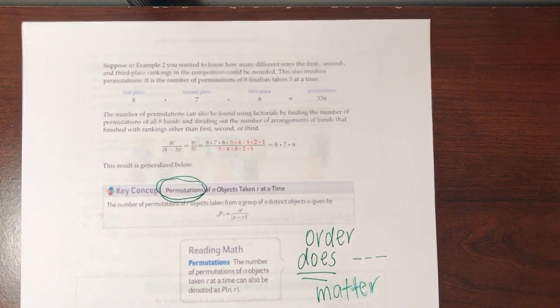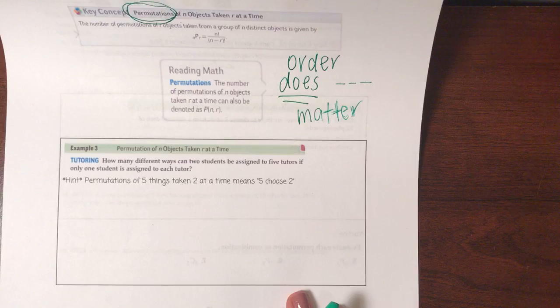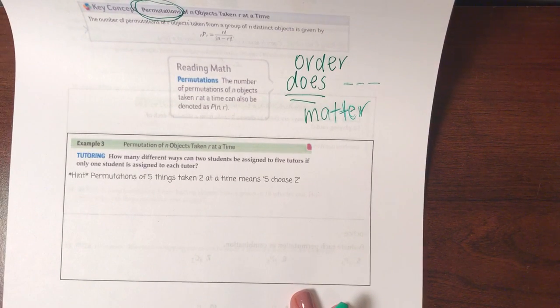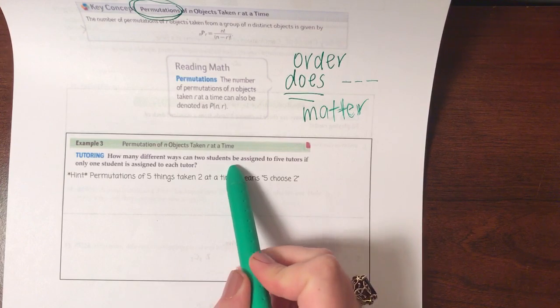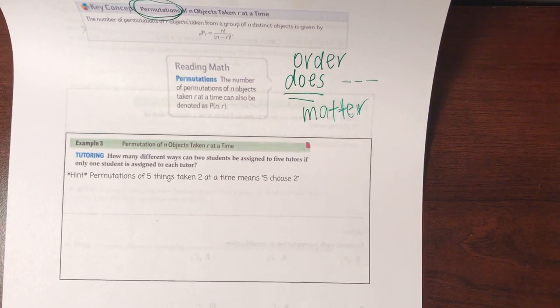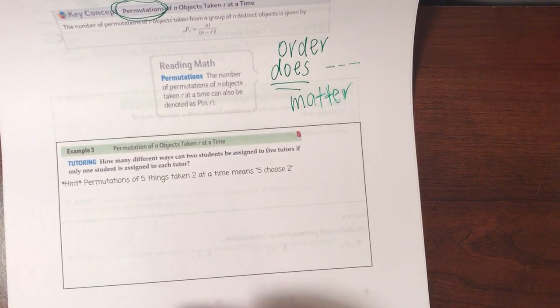So if we are looking at this example 3, and we want to find how many different ways can 2 students be assigned to 5 tutors if only 1 student is assigned to each tutor? So only 1 student can be assigned. There are 2 students and there are 5 tutors.